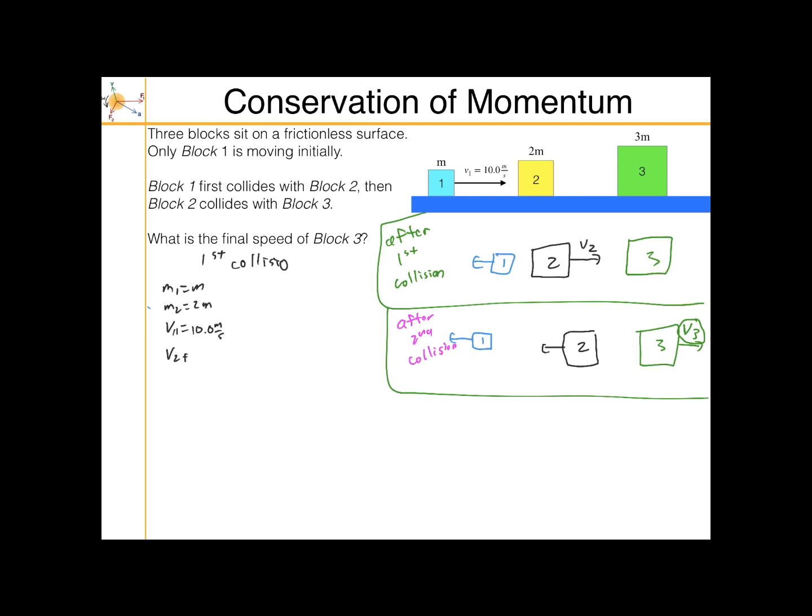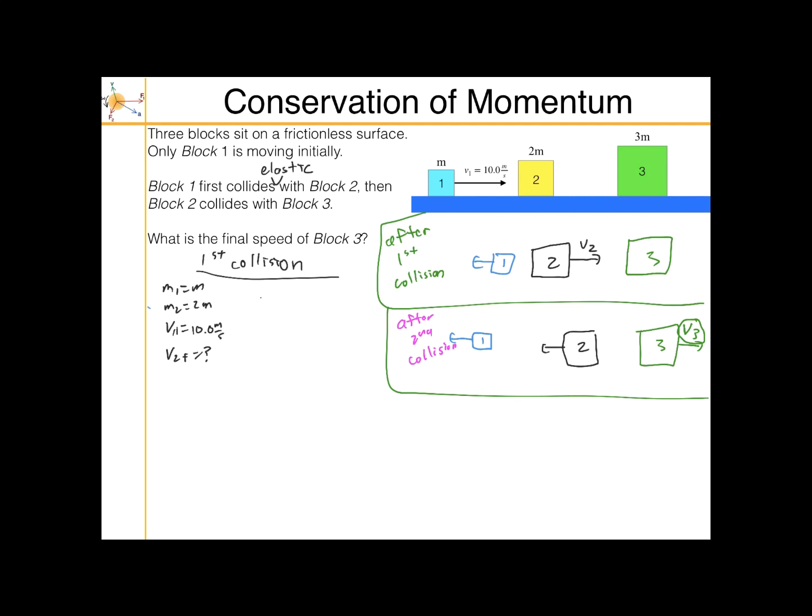So that's V1 initial, and we're going to find the velocity of 2 after the collision. An important thing I want to make clear: in this case, I'm assuming that it is an elastic collision. If I don't tell you it's elastic, then you cannot make that assumption. But in this case, I'm telling you that you can assume it's an elastic collision. That makes it way easier.